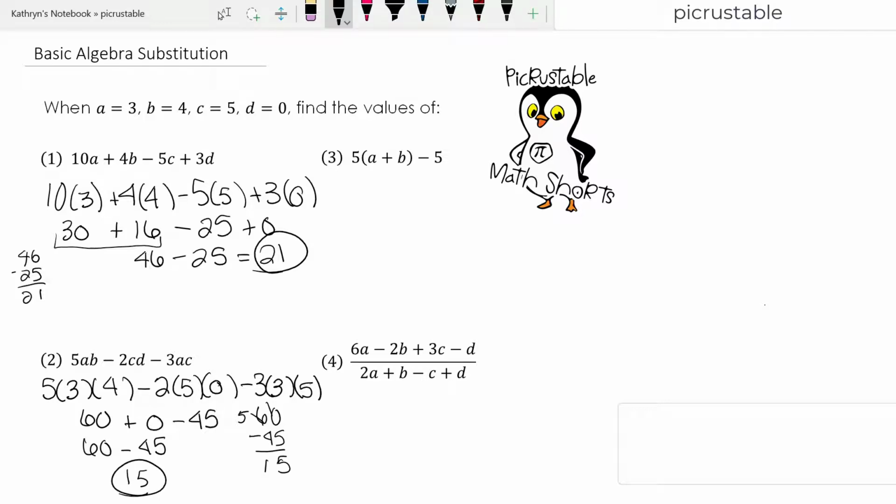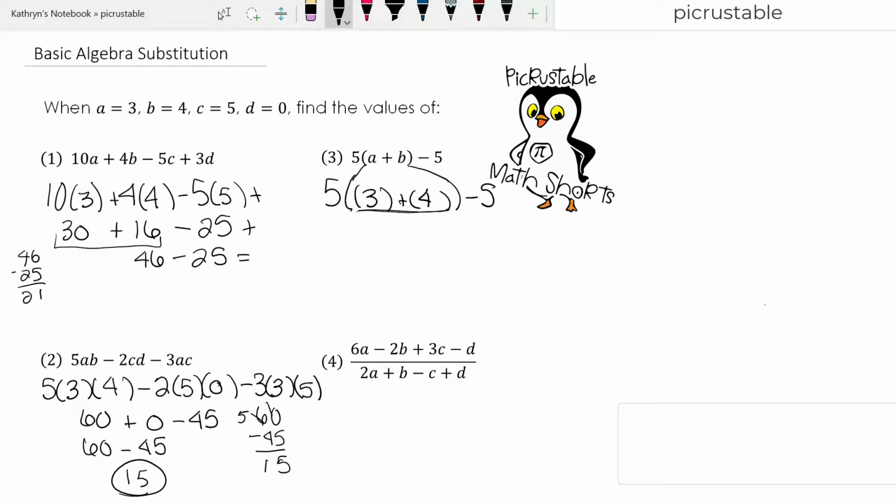Let's look at number 3. Now I'm going to erase a little bit here, give us some more room. Once again, I'm going to put a parentheses for every variable. Now you're going to notice that I kept my original parentheses there. That's important. A is 3, B is 4. Now order of operations says we have to do what's in parentheses first.